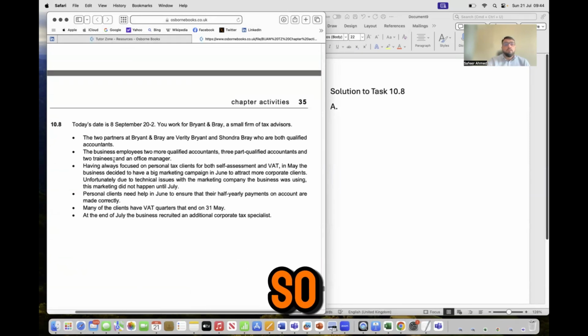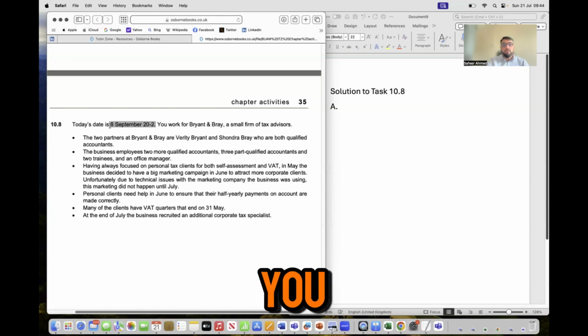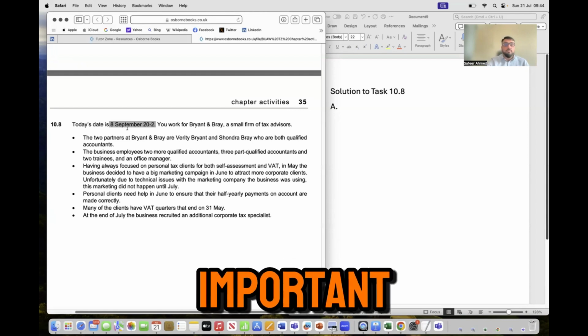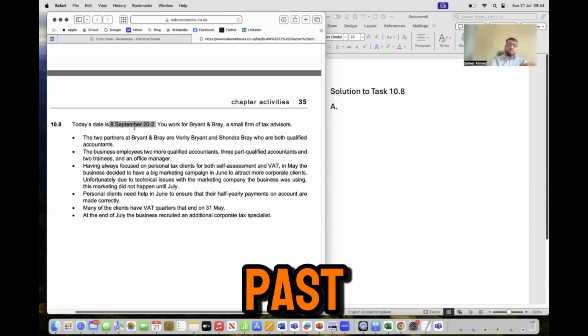First of all, they're giving you a date, which is 8th of September, 2022. They're telling you this is the current date when you are analyzing or discussing the performance of this business. That's important because that means they would have given you data for the past 3 months.